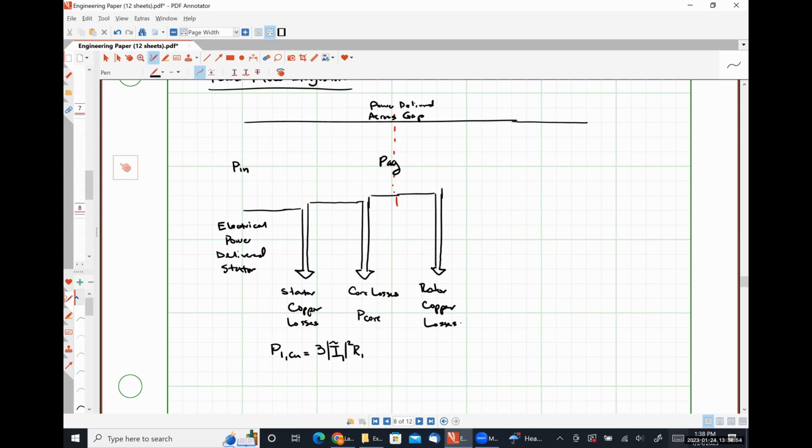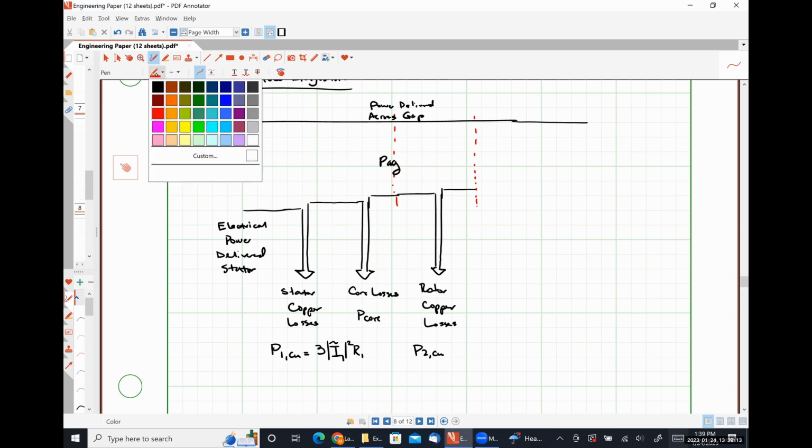This is P2 copper, not giving you the equation again because I gave it to you a few moments ago. And then everything left after our copper losses is our mechanical power that's delivered to the rotor.